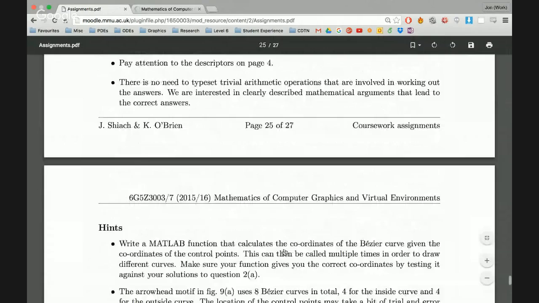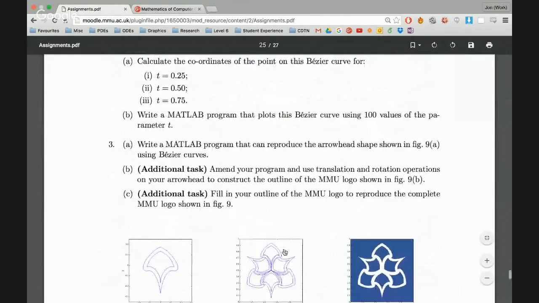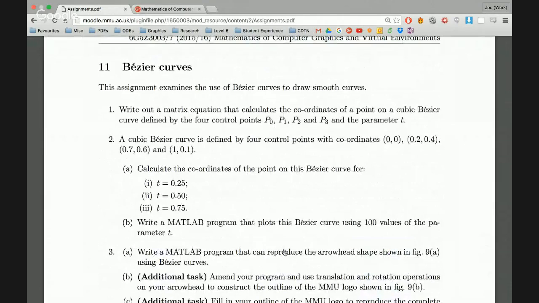Right, so just to go over the assignment once again. Question 1, I've already showed you that, it's on one of the slides. Question 2, very similar to what we've done on this activity sheet, except it's a cubic, and I'm giving you different control points.